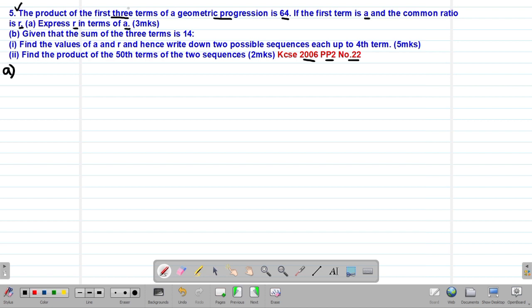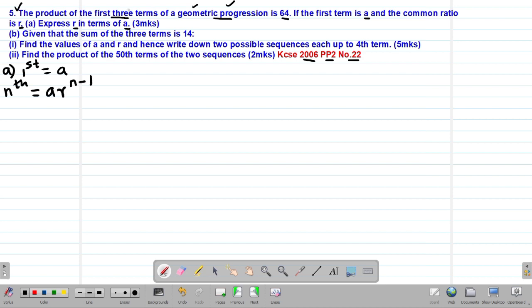Because we are told the first 3 terms of a geometric progression, and we know that the first term of either an AP or a GP is always given by a, we also know that the nth term of any given geometric progression is given by ar to the power of n minus 1.